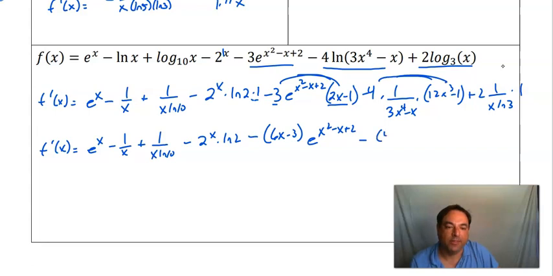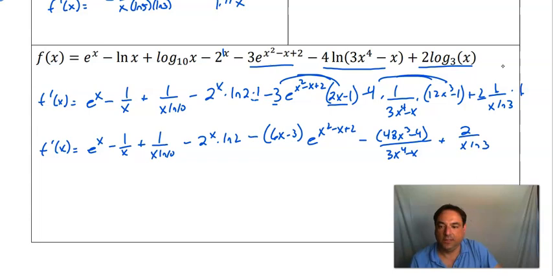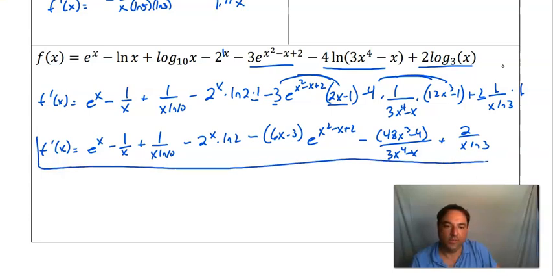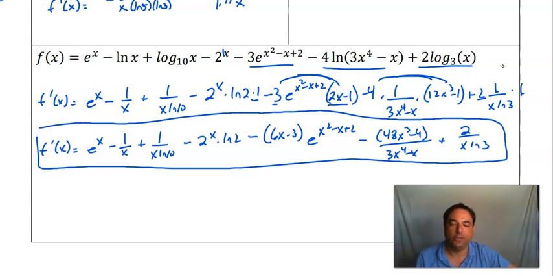That would be, keep in parentheses to be safe, 48x to the third minus 4 over 3x to the 4 minus x, plus 2 times 1 times 1 would be 2 over x ln of 3. Very long, but step 1, take the derivative. Step 2, simplify.